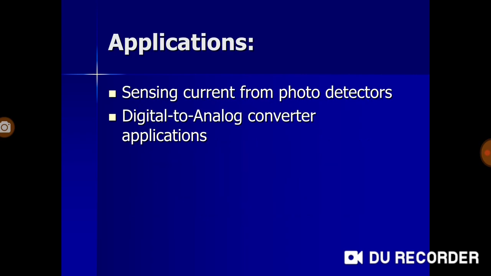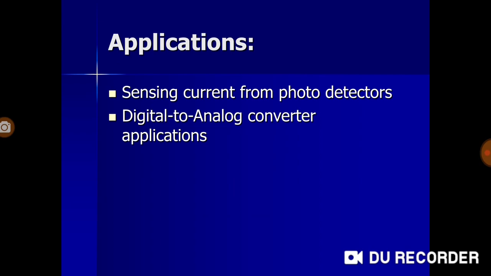The applications of this particular circuit are especially sensing current from photodetectors. Whenever incident light falls onto it, that particular current is converted into proportional output voltage, because normally the signals that we study are in the form of voltage, and photodetectors convert optical energy into current. So here we need a current to voltage converter.